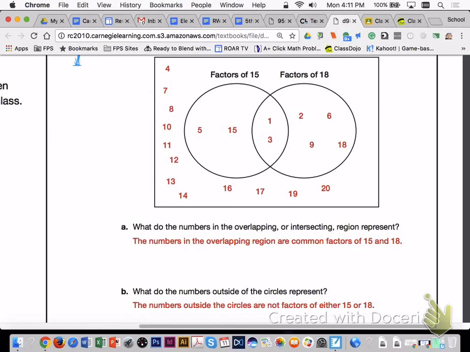For letter A, the numbers in the overlapping region are common factors of 15 and 18. This would be numbers 1 and 3. And for letter B, the numbers outside the circles are not factors of either 15 or 18.